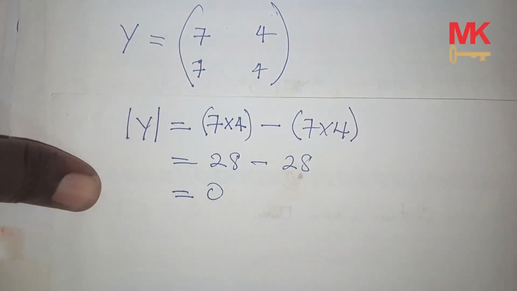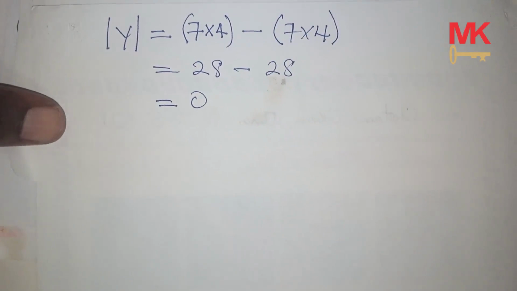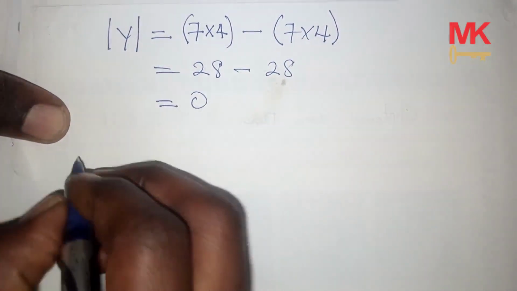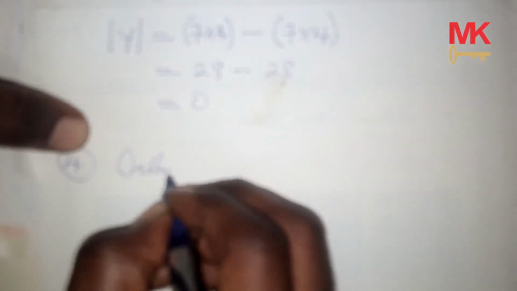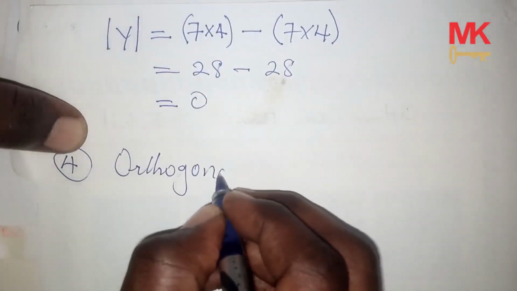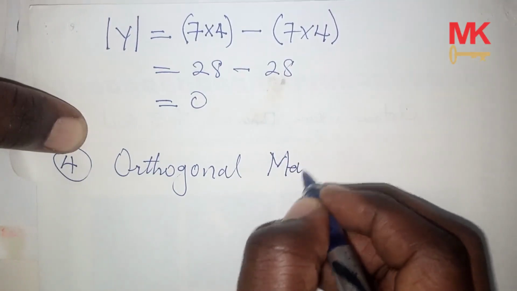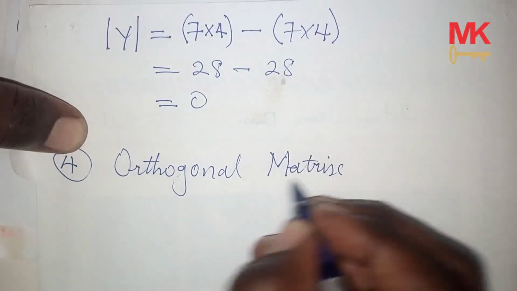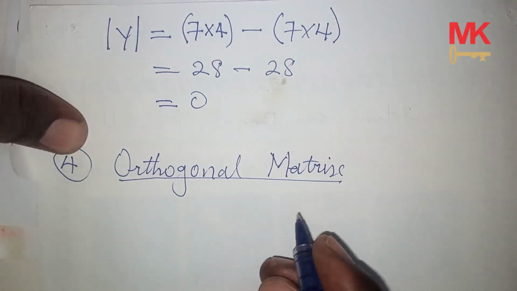And next we have what we call the orthogonal matrix. An orthogonal matrix is another type of matrix, one in which the transpose is equal to the inverse.